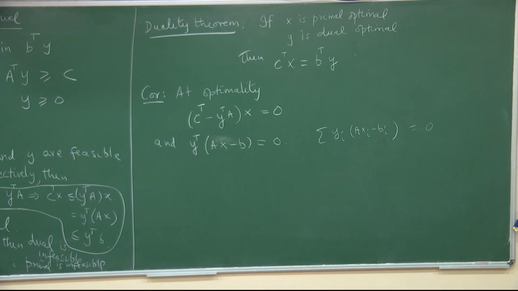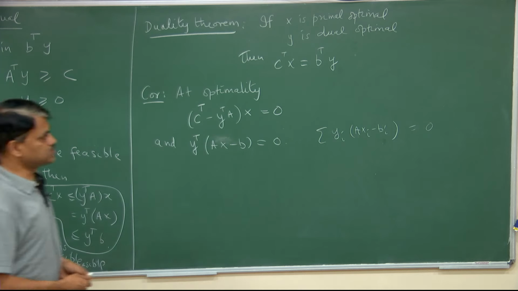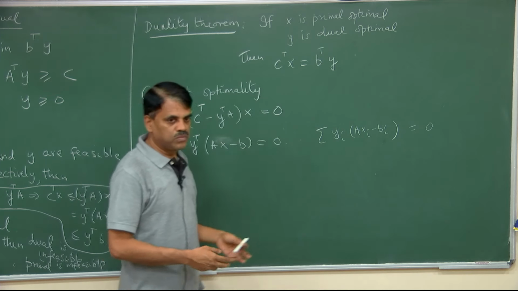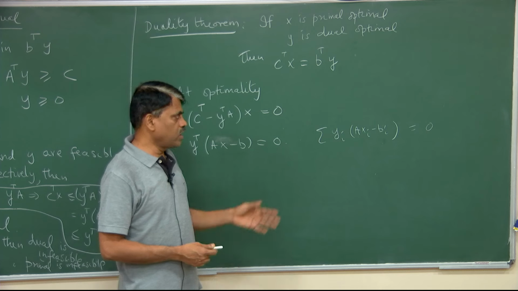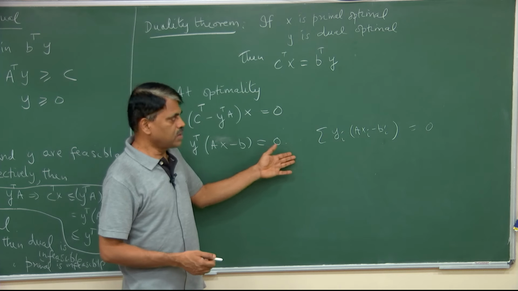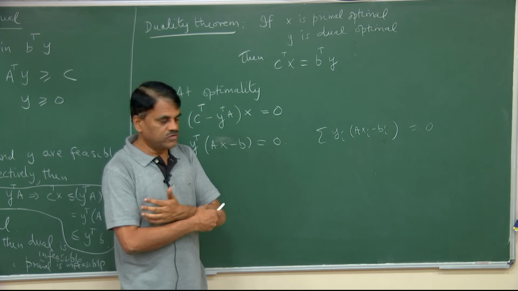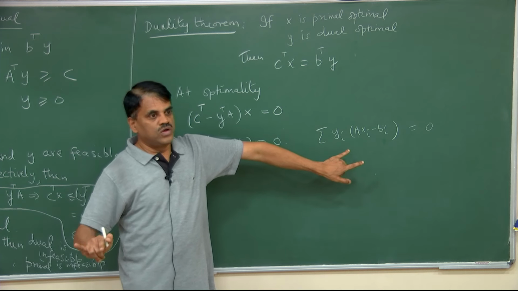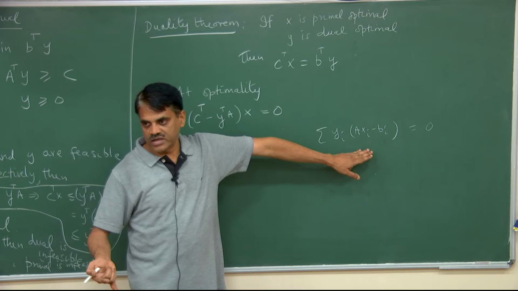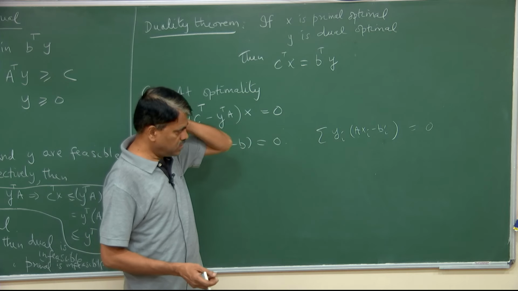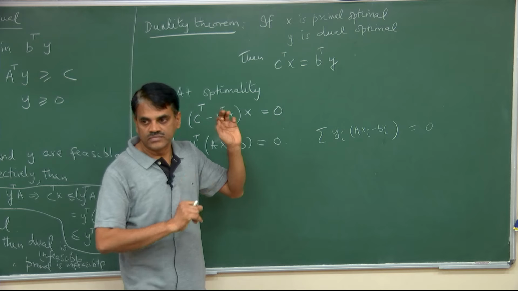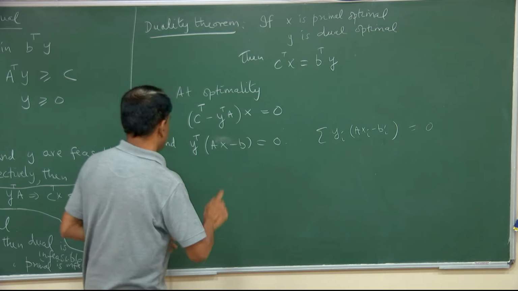Suppose you have a constraint which is not satisfied with equality, which means that the corresponding term would be negative here. And how can the sum be equal to 0 if you have a term which is negative, because there is nobody positive to kill it? The corresponding y_i is 0, exactly.